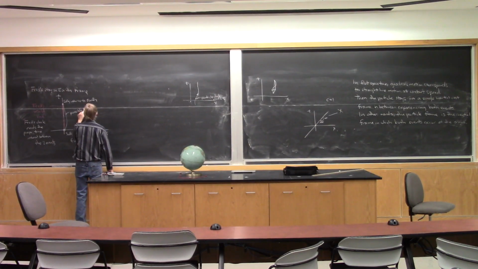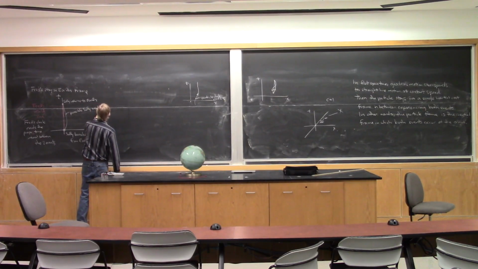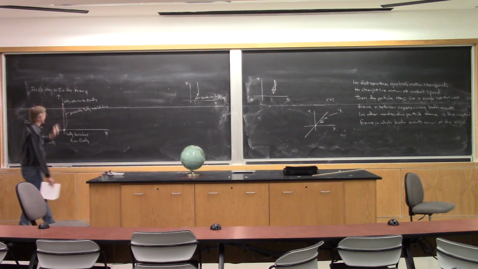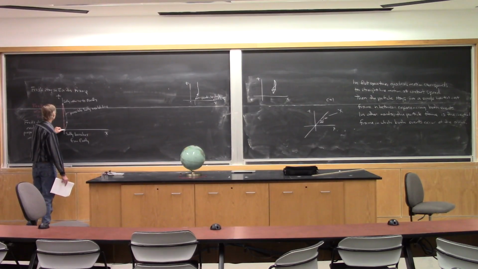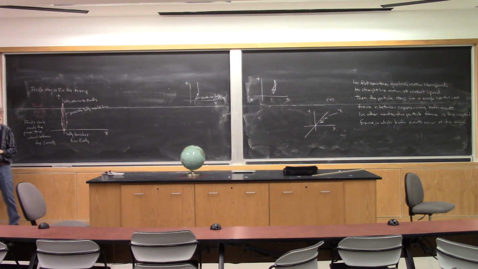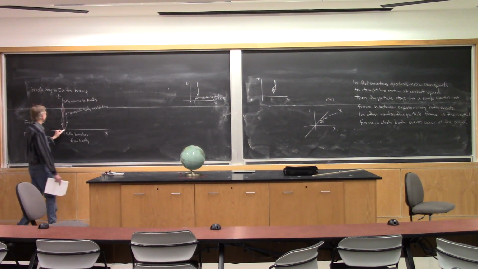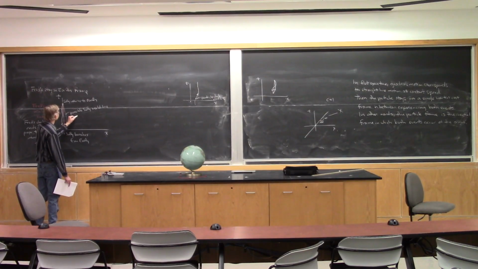Possible Sally world line. Maybe she flies out and comes back along that world line. Maybe she flies along that world line and comes back. Or maybe she does this craziness, right?